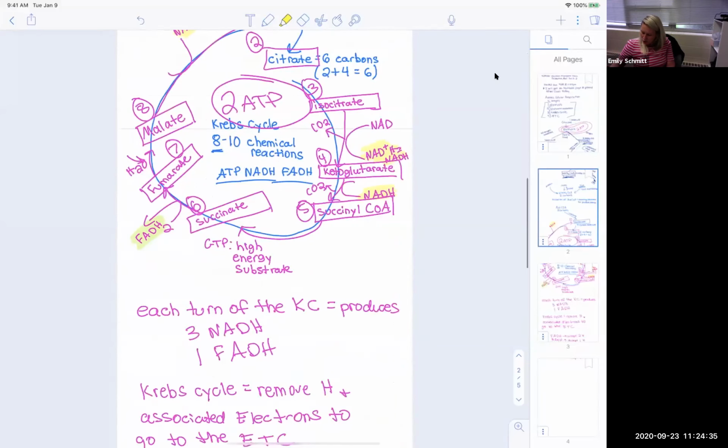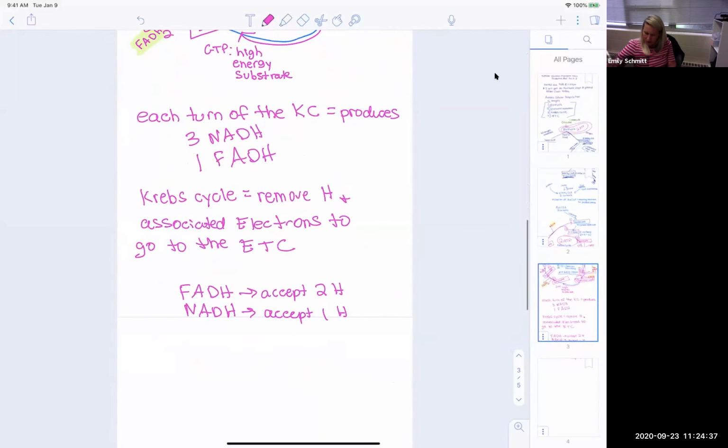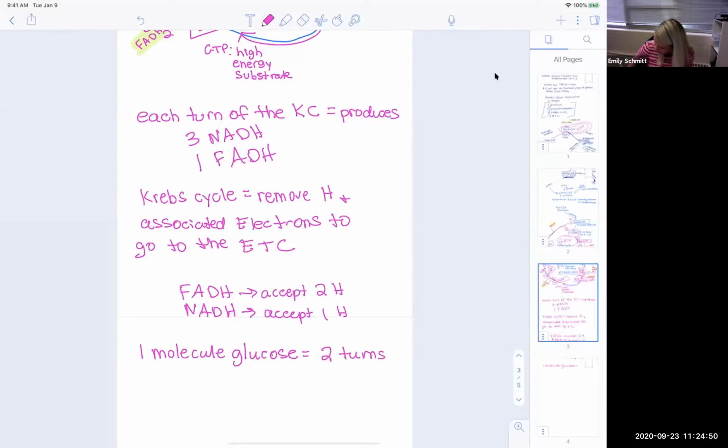And I said this a little quick on Monday, but know that 1 molecule of glucose equals 2 turns of the Krebs cycle.